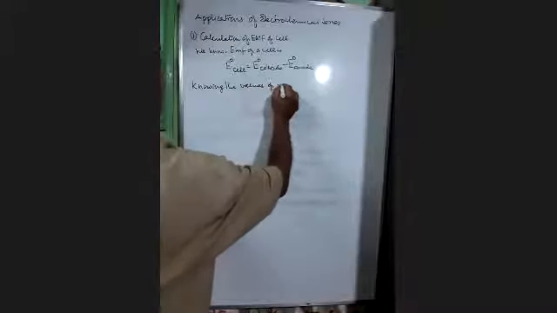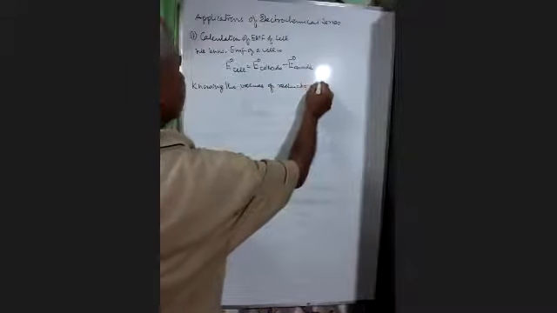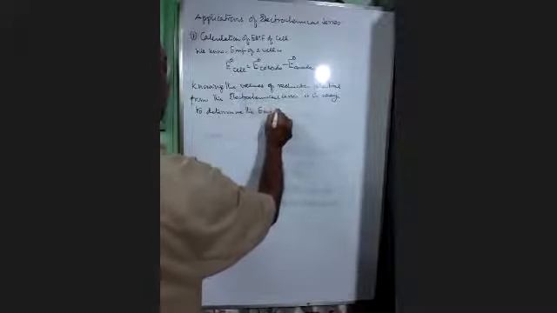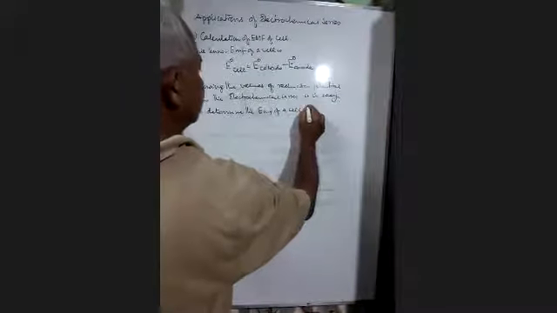So knowing the values of reduction potential from the electrochemical series, it is easy to determine the EMF of a cell theoretically.